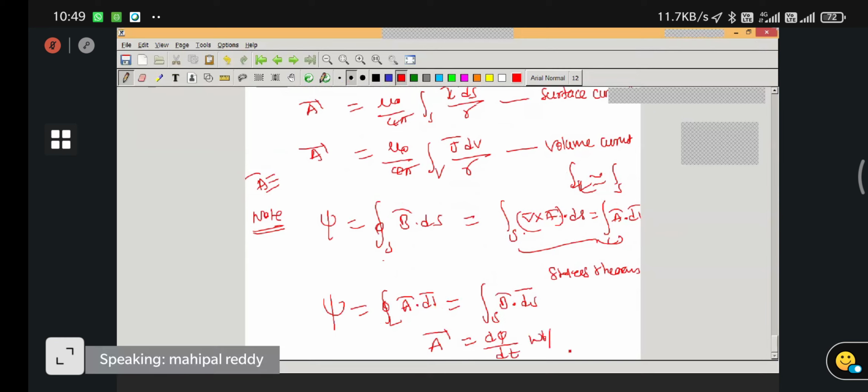Very important: the A vector is d psi by dt, the rate of change of flux with respect to time. The flux is in Weber. Keep it in mind: flux equals the closed line integral of A dot dl.